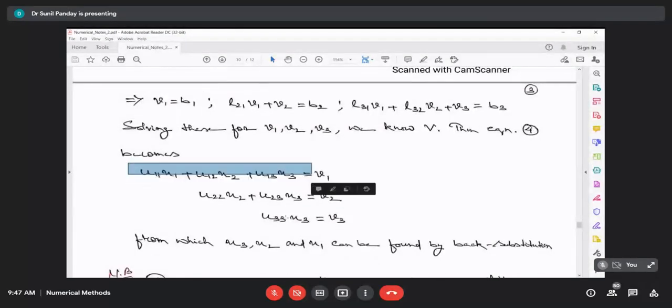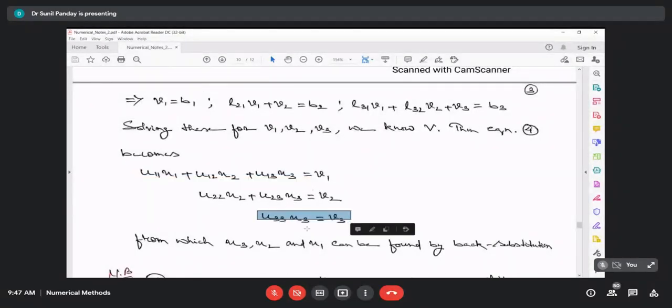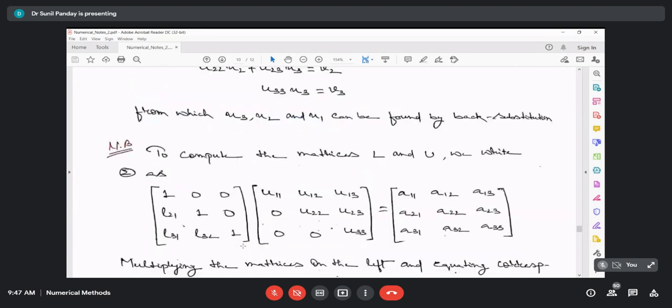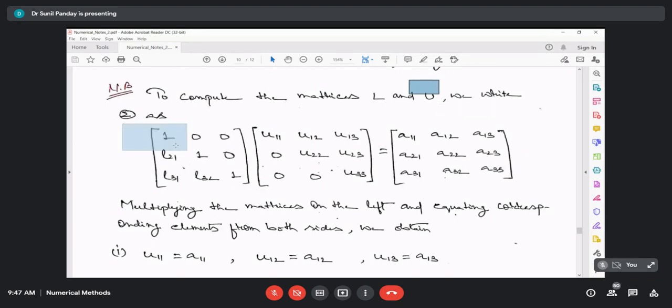From here I will get X3, then X3 I will substitute here, I will get X2 and then X1. So the main task is to find this L and U. We assume that this is L, this is U and this is A, and L into U equals A.